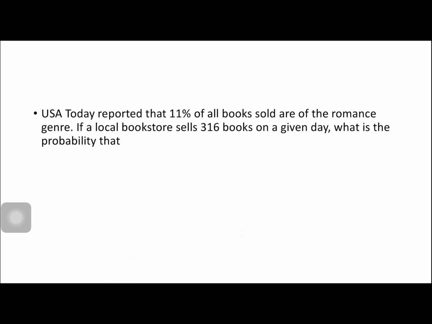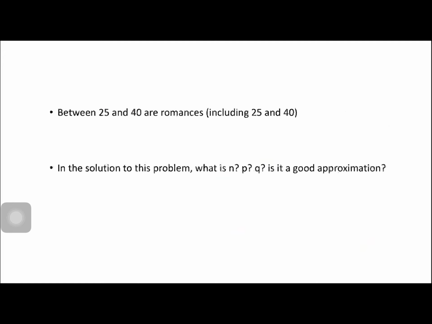Okay, so for our last problem, USA Today reported that 11% of the books sold are of romance genre. So if a local bookstore sells 316 books on a given day, what is the probability that between 25 and 40 are romances, including 25 and 40, of course?